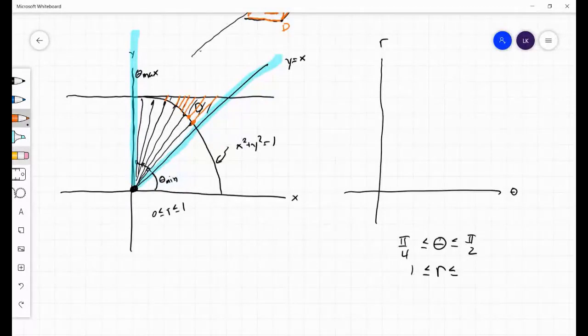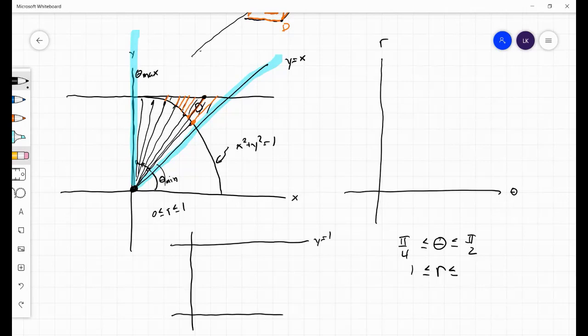Okay, so what about the upper bound? What's the maximal value of r? That's a little tougher, because the greatest extent that we're away from the origin is changing with theta. So if we draw a line where y equals 1, and we draw a line like this, and this is theta, what can we say about this hypotenuse?